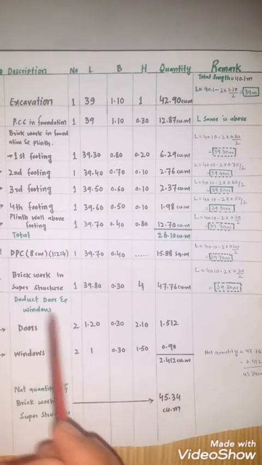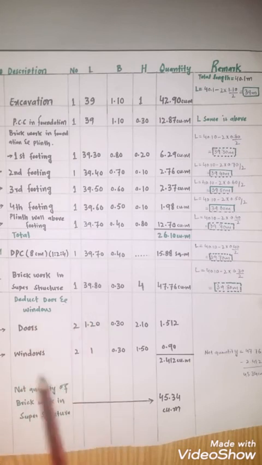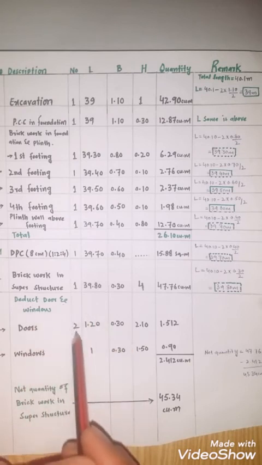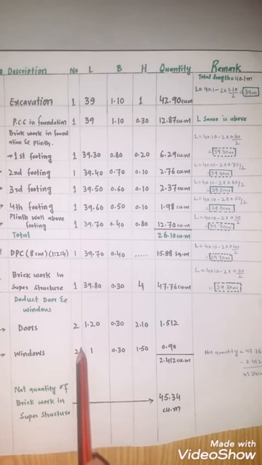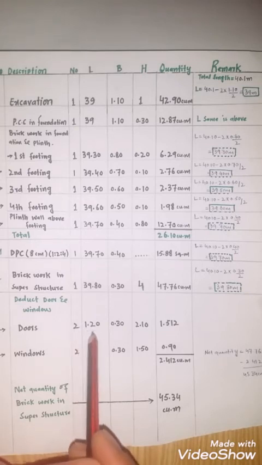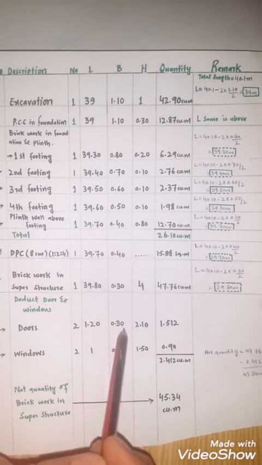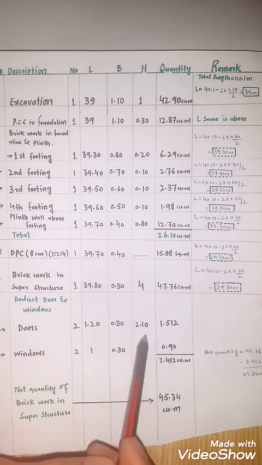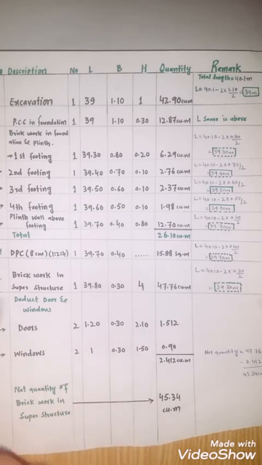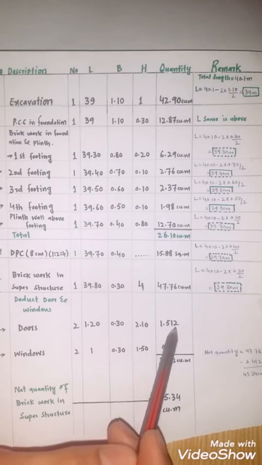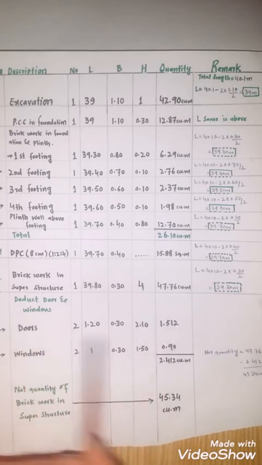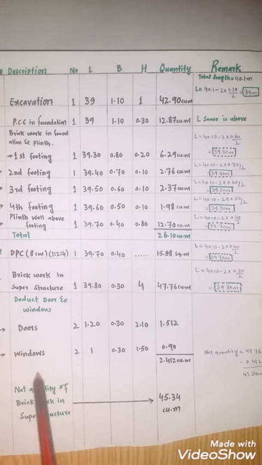Now we deduct the door and window. The number of door is 2 and the length of door is 1.20. The breadth is 0.30 and height of the door is 2.10. The quantity of door is equal to 1.512. I find the volume of the door. The window, there are 2 windows.